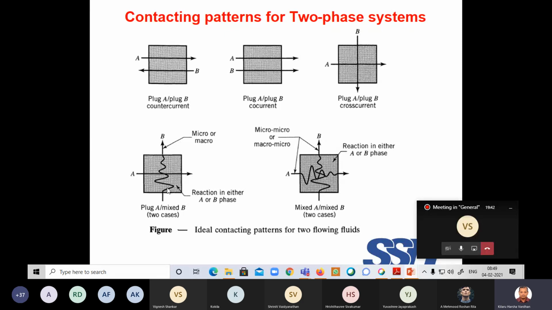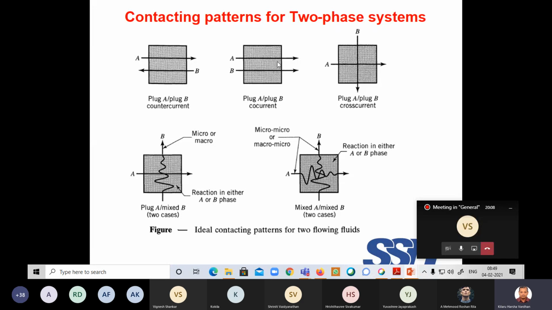When there is mixing, the fluid can be micro or macro. Micro means everywhere the concentration is the same; macro means different lumps of the particles will have different concentrations. So when there is mixing, you should understand whether it is micro mixing or macro mixing. Based on that, your conversion will change.